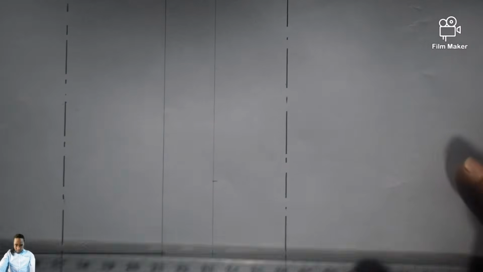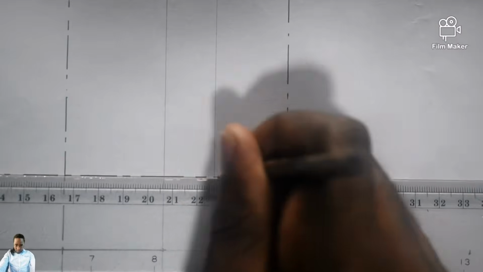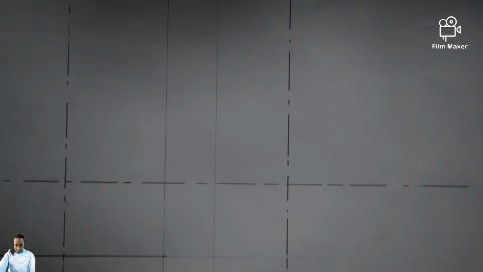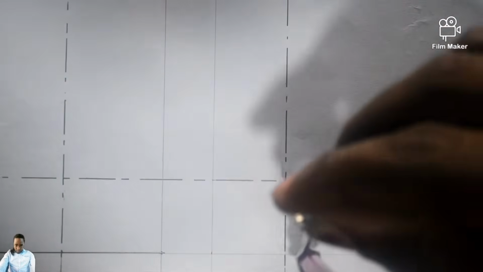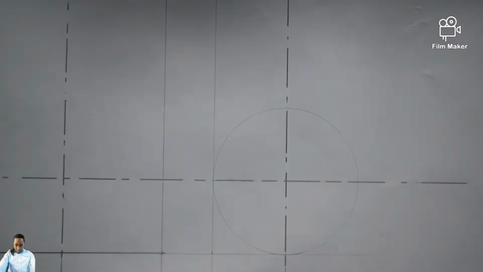From here till there is 30. The horizontal center, I can start drawing it right from my front view. After getting that, I can now place my drawing compass here, further extended till here. Then I'll draw a circle of diameter 60, and I draw it faint because it's actually not part of the solution, you understand.